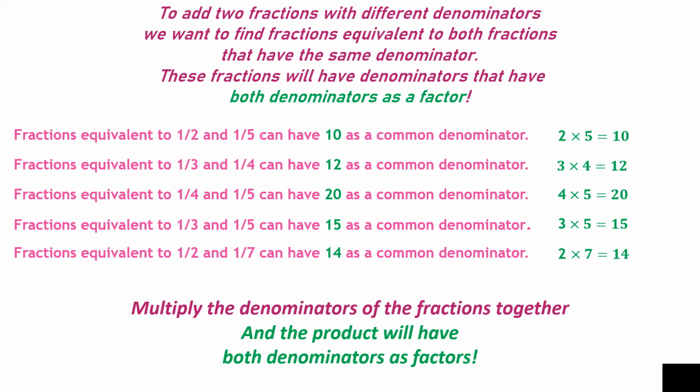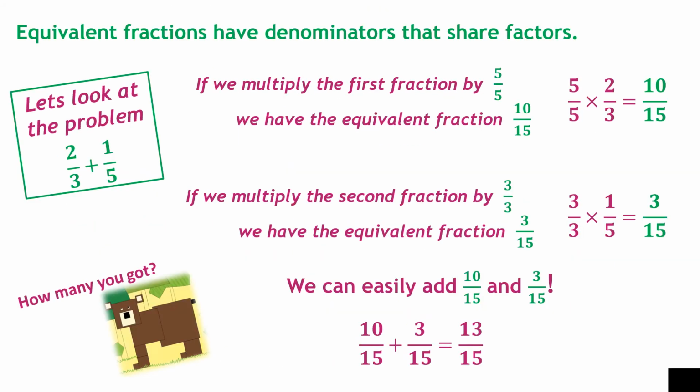But what if we multiplied the denominators of the fractions we're trying to add together? If we multiply the denominators of the fractions together, the product will have both denominators as factors. Let's look at the simple addition problem of 2/3 plus 1/5. How do we add thirds and fifths?